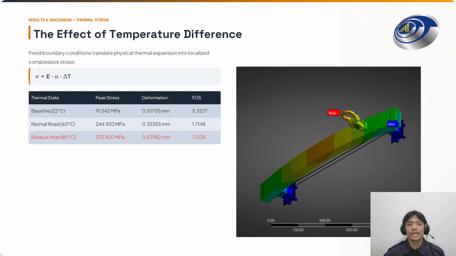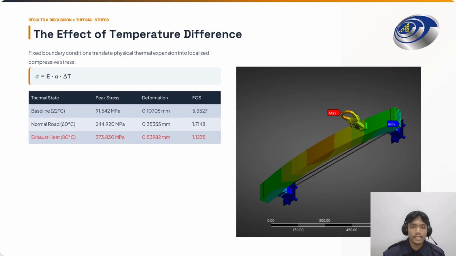Next, we analyze how temperature changes impact the assembly. Because of our fixed boundary condition, physical thermal expansion directly translates into localized compressive stress. Following the formula shown here, sigma equals E times alpha times delta T. Looking at the results, a normal good condition at 60 degrees already more than doubles our peak stress.